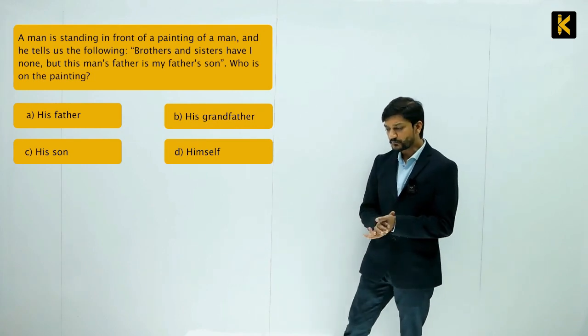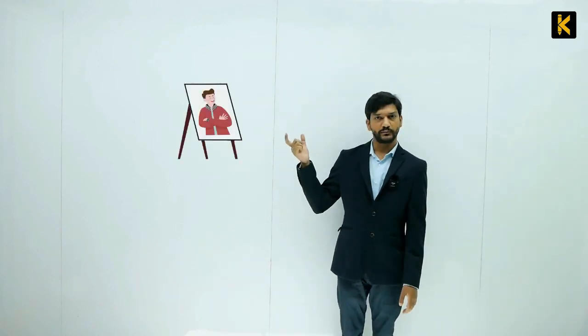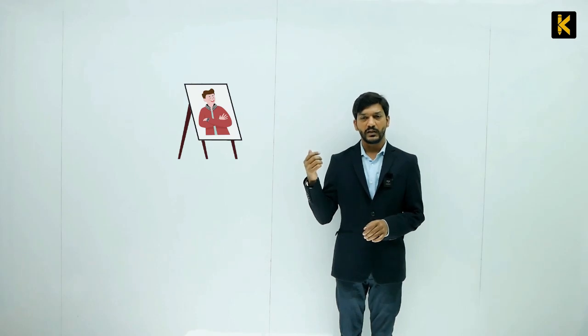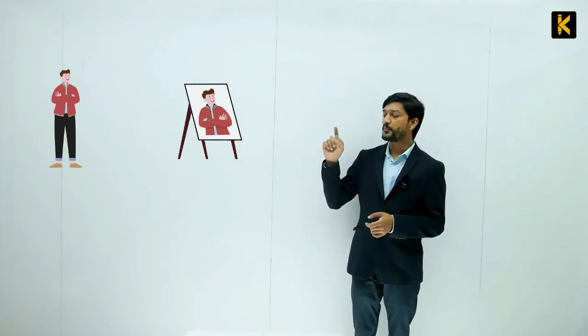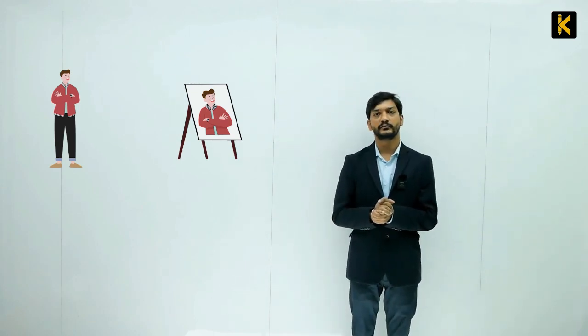All right. So first thing is, let me show a picture which describes the question. So I'm taking a photo. That photo is of a man. So I've shown a photo. Now this is a man, and there is one more man who is looking at the photo. So in front of the painting, let me show a man.